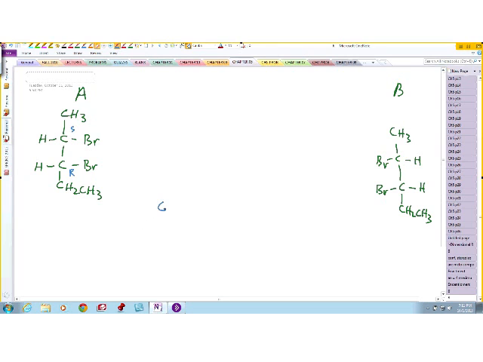Supposing I take this, bromine is here, hydrogen is here, and I switch the bromine to this other side, hydrogen is here, and then I draw the mirror image of this. Keep in mind, the mirror image of this is this one here. A and B are mirror images.